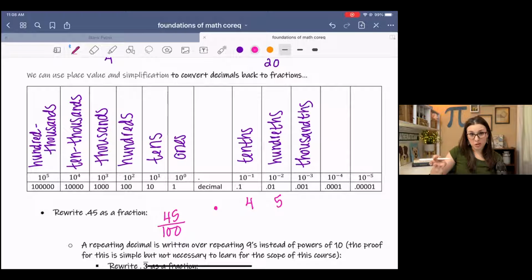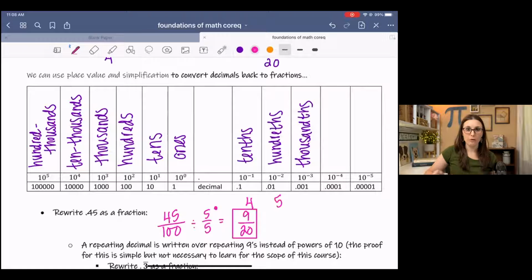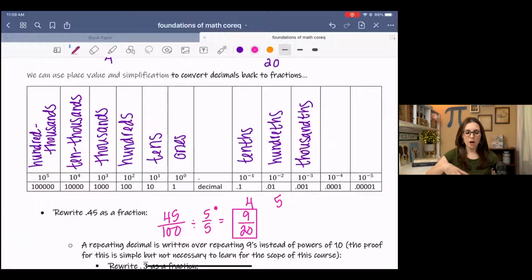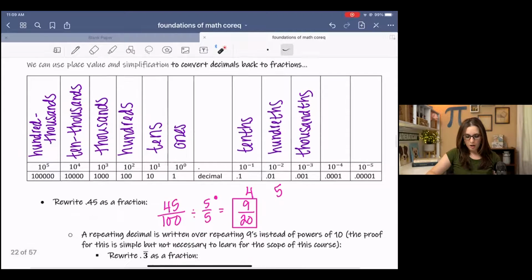And then you reduce. So we can reduce by 5. We get 9/20. So 9/20ths is 0.45 in fraction form. So the number of decimal places decides which place value you use for your denominator, and then you just reduce or simplify.